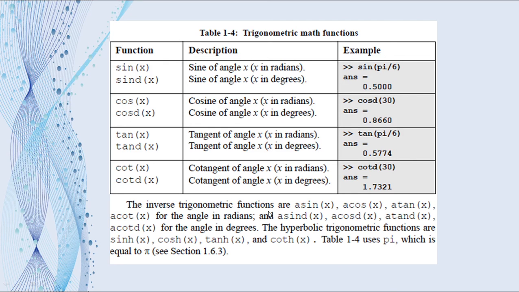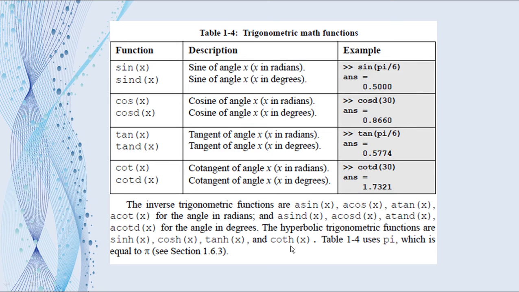The inverse trigonometric functions are asin of x, acos of x, atan of x, acot of x for angles in radians. And for degrees you have asind of x, acosd of x, atand of x, acotd of x for angles in degrees. The hyperbolic trigonometric functions are as usual sinh of x, cosh of x, tanh of x, and coth of x.